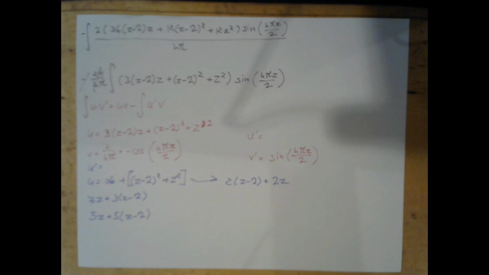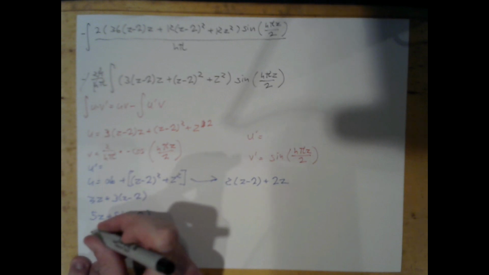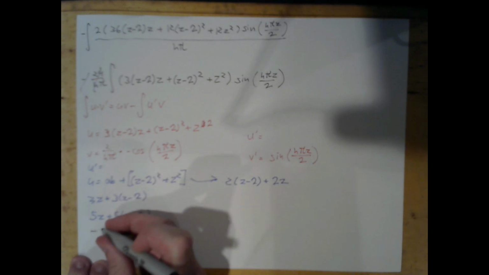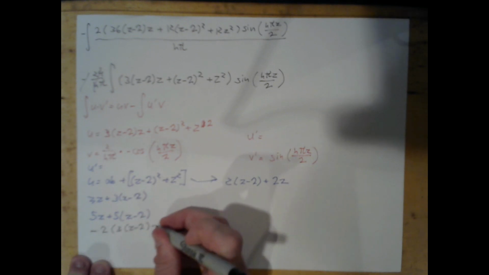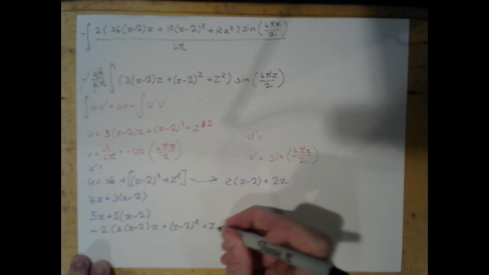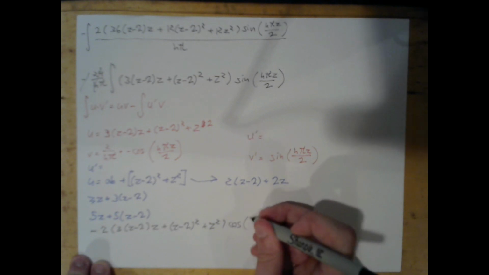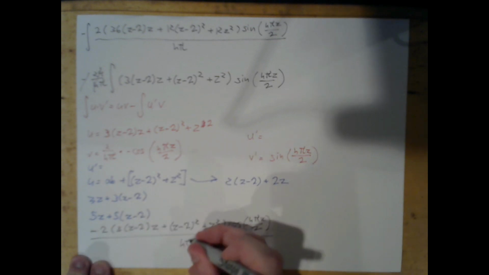Okay, so now if we plug back into our original integral here, we are going to end up getting this very long first part, which I'm going to write on this page. It's going to be negative 2 times 3z minus 2z plus z minus 2 squared plus z squared, cosine h pi z over 2, all over h pi. Fortunately, we have to write this entire thing again on our other sheet of paper.